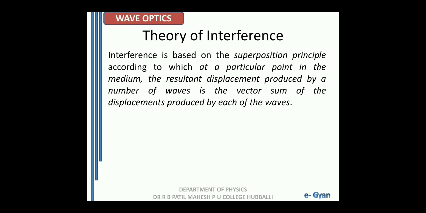Similarly, if two waves are superposing such that one is 180 degrees out of phase with another, then the resultant vector of two equal and opposite vectors should be equal to 0. So thus one produces constructive interference and the other gives destructive interference.